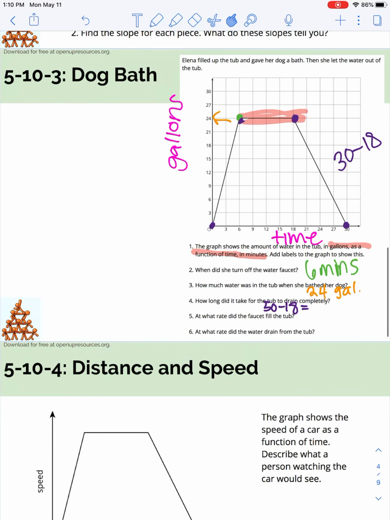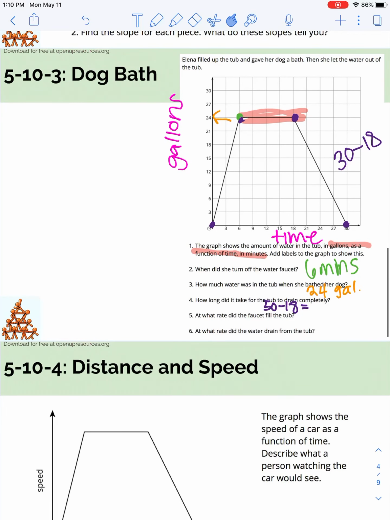At what rate did the water drain from the tub? Oh, okay, let me actually help you with this one. I thought that it was how long did it take for it to fill. They're saying what is the rate. So the rate is like the slope, pretty much. So how many gallons in a minute is what they're probably looking for.